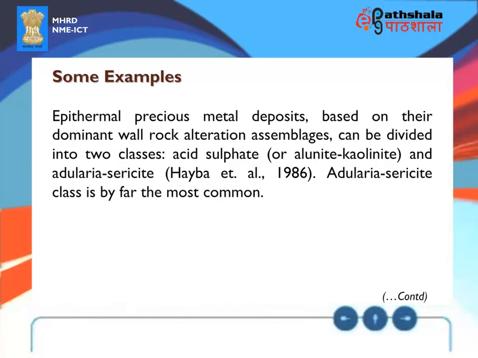Epithermal precious metal deposits, based on their dominant wall rock alteration assemblages, can be divided into two classes: acid sulfate or alunite kaolinite, and adularia sericite, Hayba et al. 1986. The adularia sericite class is by far the most common.